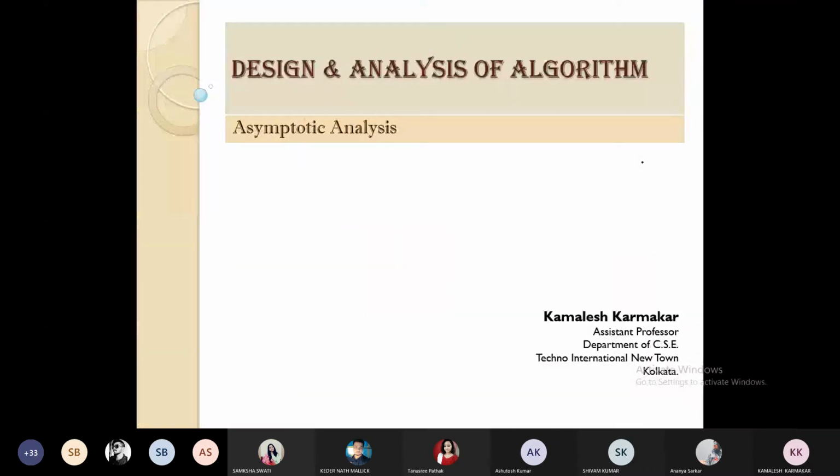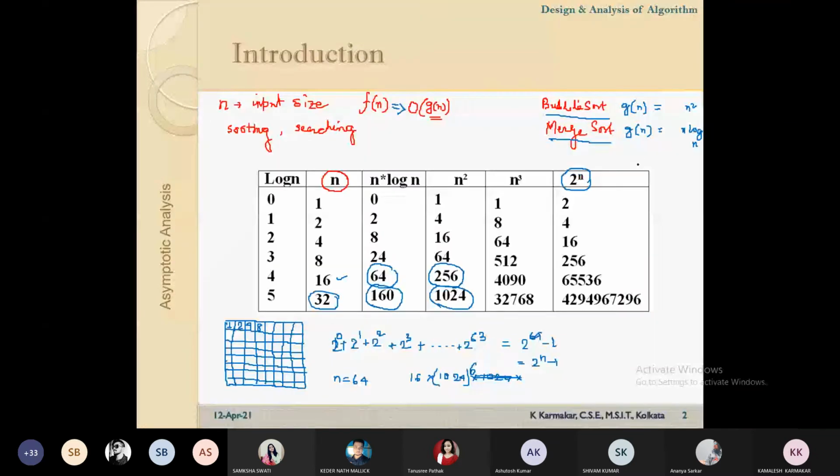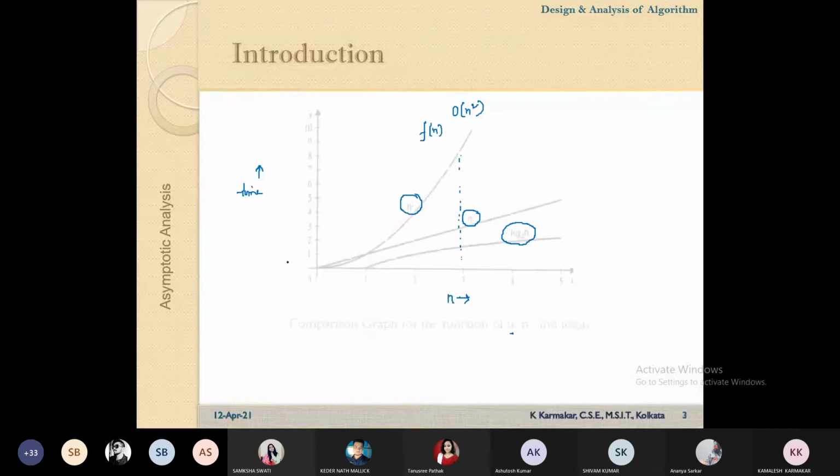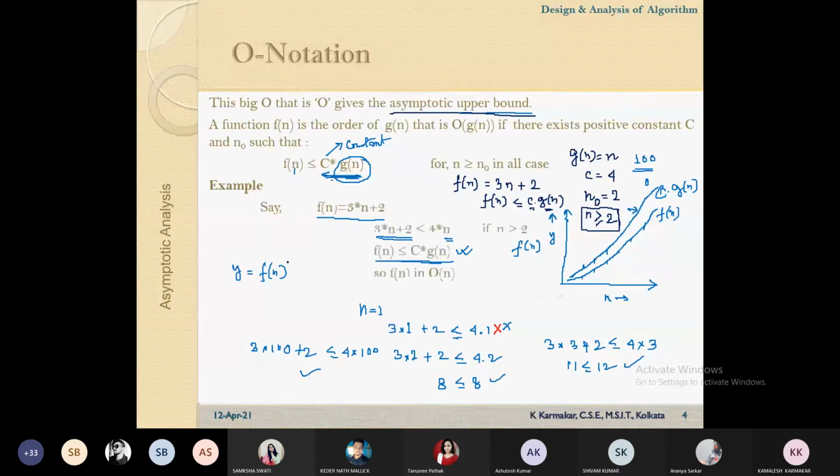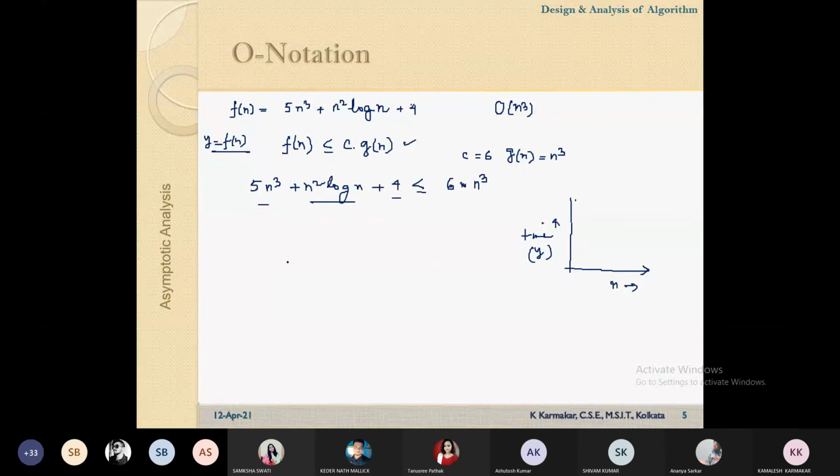I can go to the previous slide. Okay, so now you may check here. So if this is the value of n, what will be the value of log n? So log n is always less than n. Okay, now coming back to our parent slide. So n square into log n will always be less than n cube.